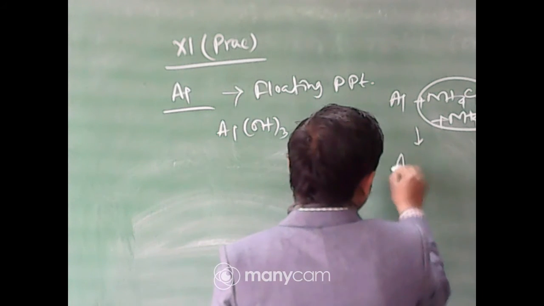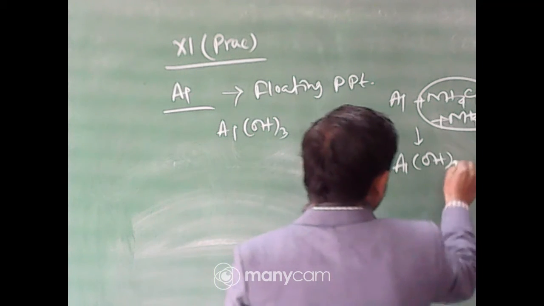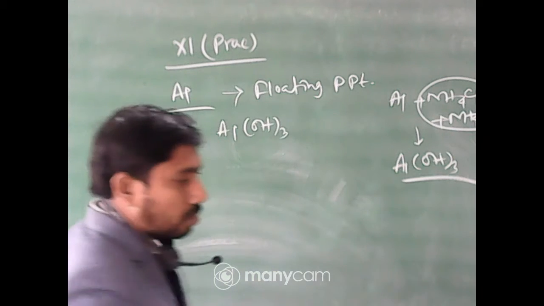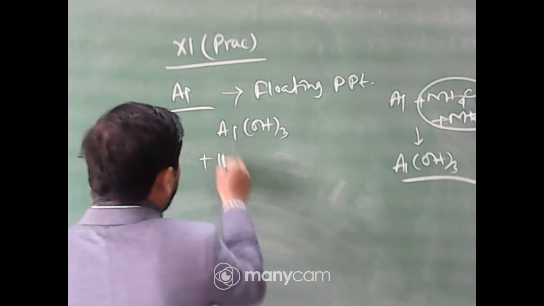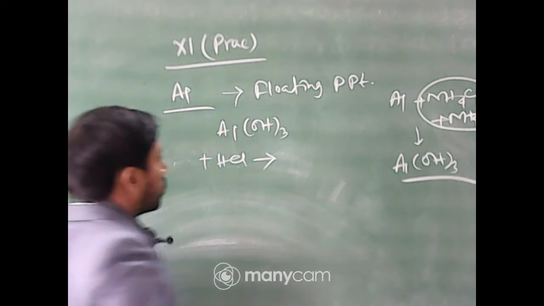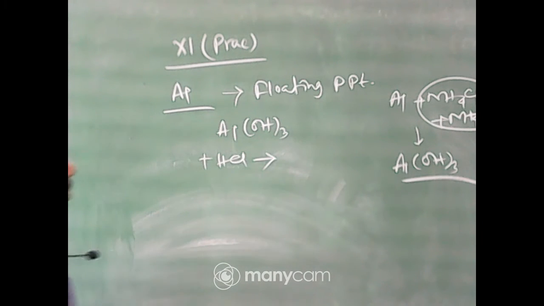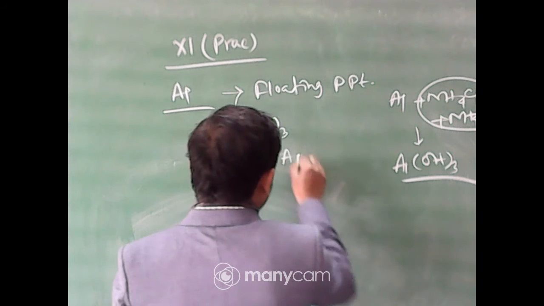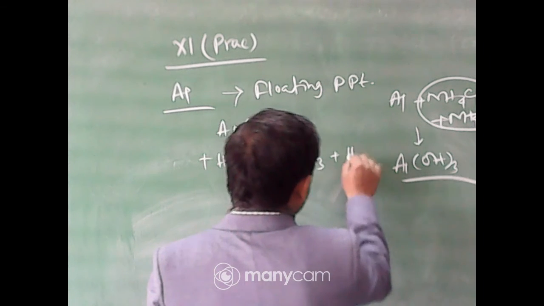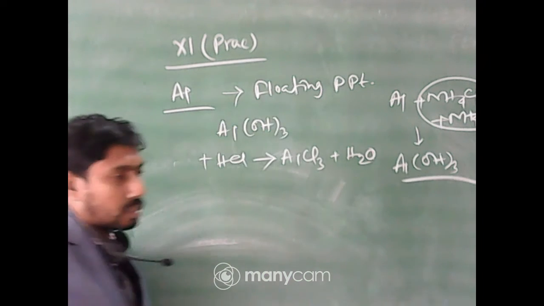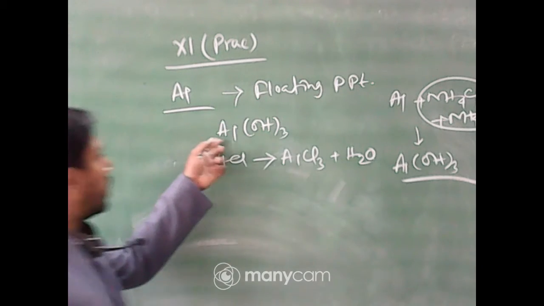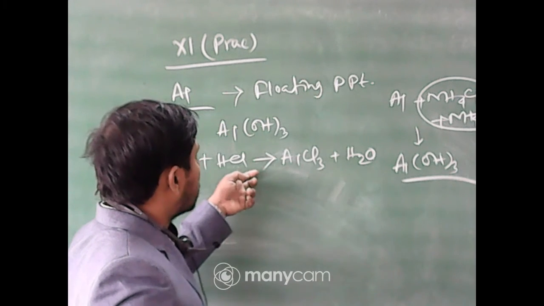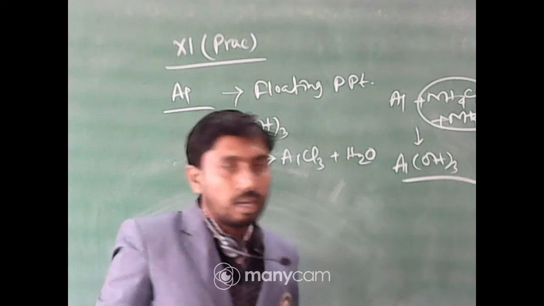It will precipitate aluminium hydroxide. This aluminium hydroxide reacts with HCl, so it will form a soluble compound, that is AlCl3 plus H2O. This is the first reaction. So, when the PPT comes and HCl is added, the PPT will dissolve.